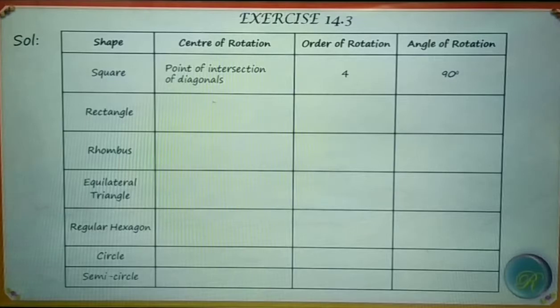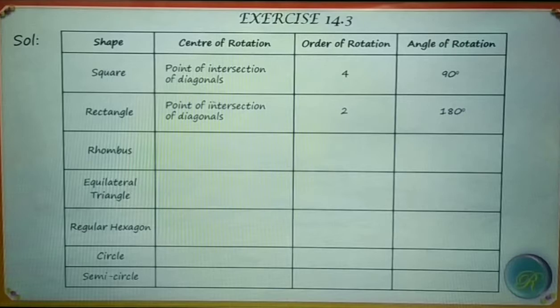For rectangle, what about the center of rotation? Point of intersection of diagonals. Order of rotation, 2. Angle of rotation, 180 degree.